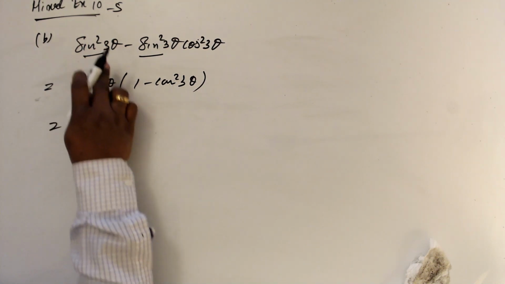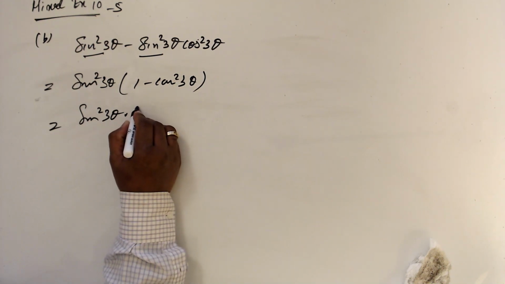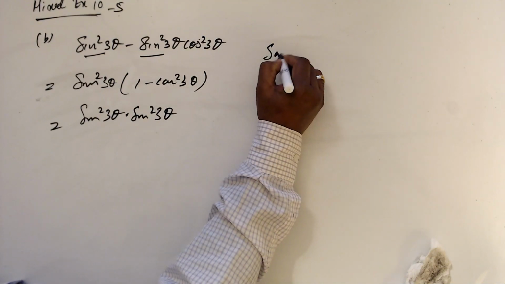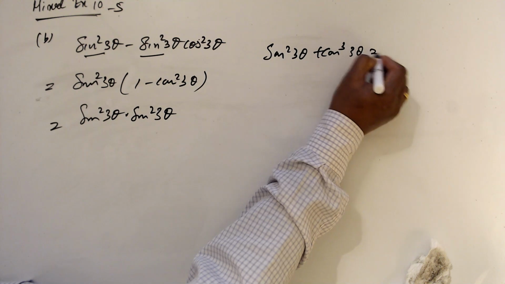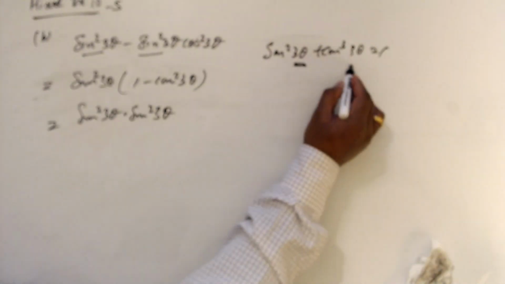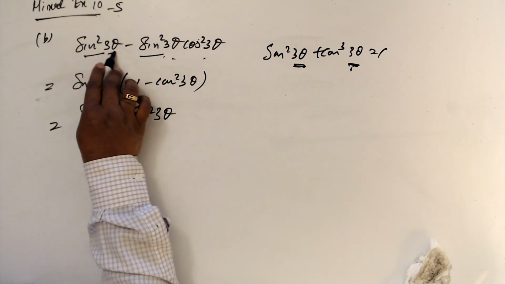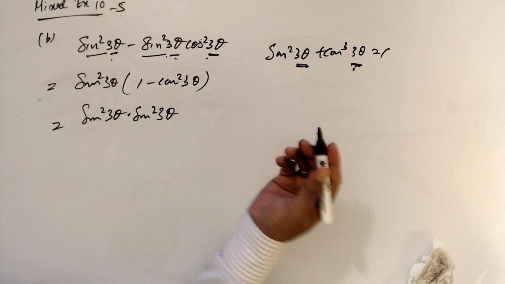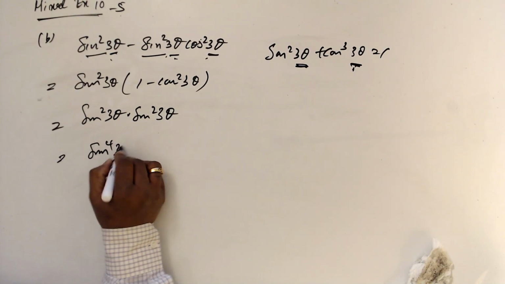When I factorize, this is 1, and this one is sine squared 3 theta, because sine squared 3 theta plus cos squared 3 theta equals 1. Why do I take 3 theta here? Because I can see the angle is 3 theta everywhere. That's why I use 3 theta, so we have to adjust accordingly. So this is going to be sine to the 4, 3 theta.